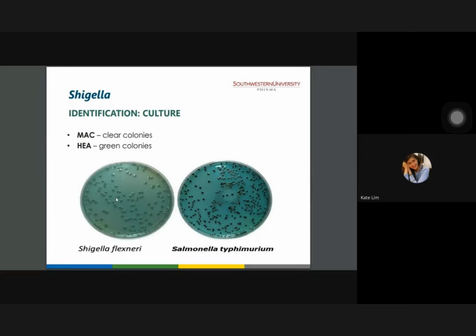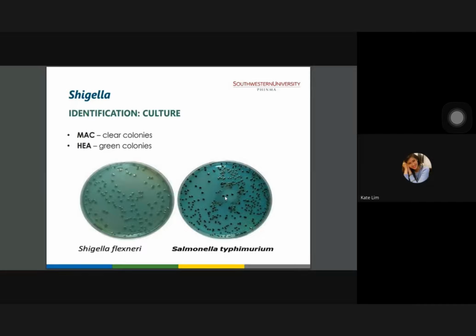So what we have here is your HEA. When your Shigella is inoculated in your HEA, it shows colorless colonies without black centers. Your Salmonella, on the other hand, shows growth of colonies with black centers.